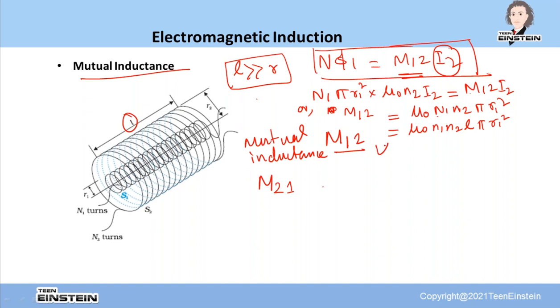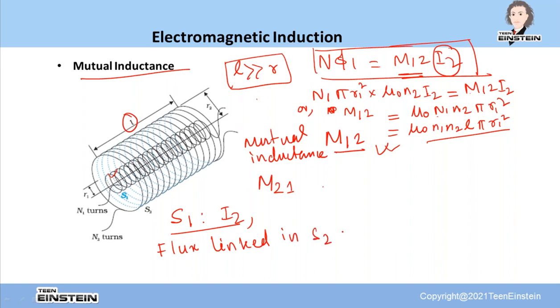We passed the current in S2, which produced a magnetic field, and due to that magnetic field a flux was linked in the S1 coil, and that's how we got this mutual inductance. Now we'll do the reverse way. We'll pass a current through S1 and calculate the flux linked in S2. This is what we are going to see now.